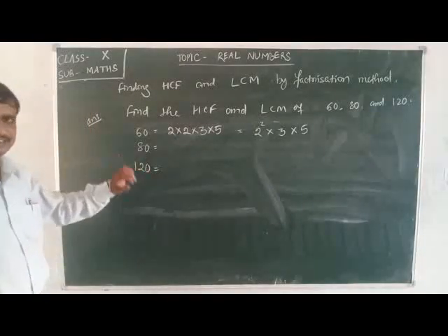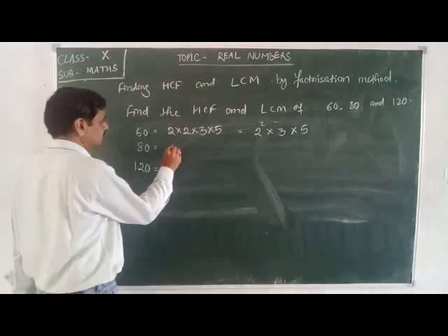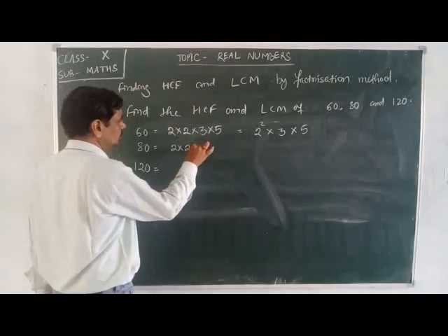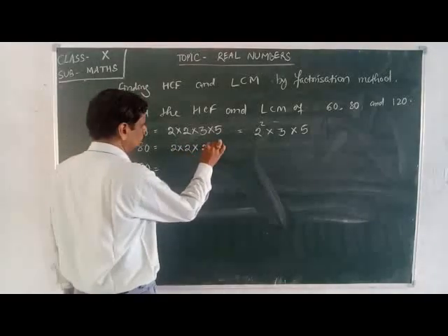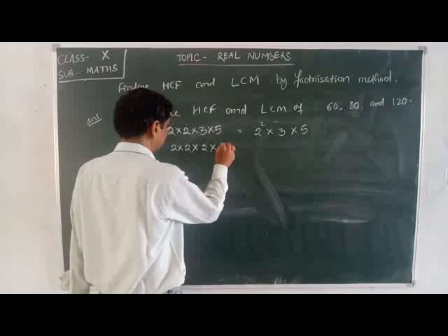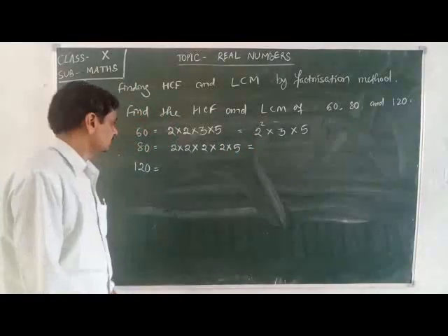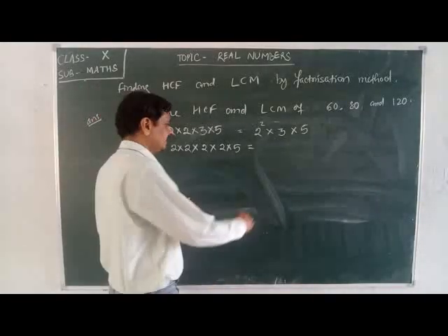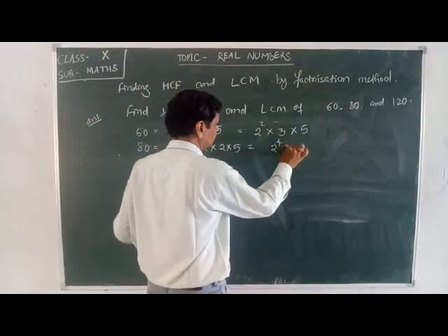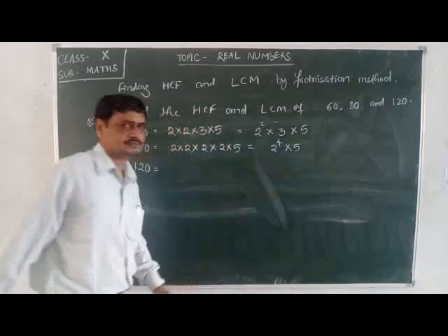Next, 80 can be written as 2 into 2 into 2 into 2 into 5, which can be written as 2 to the power 4 into 5.